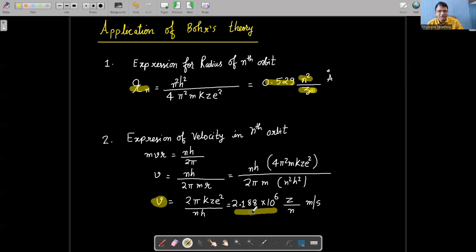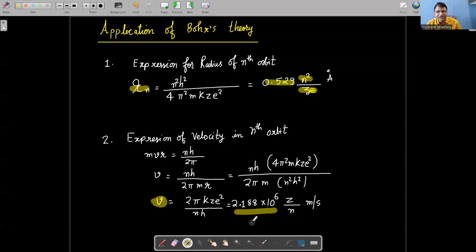We know what is the velocity of light. Velocity of light is 3 into 10 to the power 8. So the speed of light is 137 times greater than the speed of the electron in first orbit of hydrogen atom. And we know that as we move away from the nucleus, the speed is going to decrease.